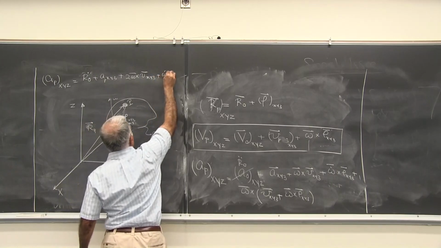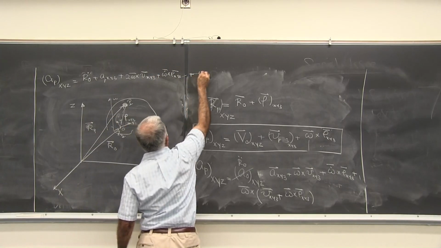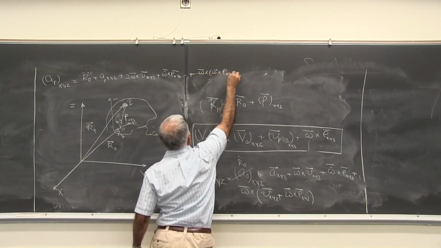Then you do have omega dot times rho xyz plus omega times omega times rho xyz.